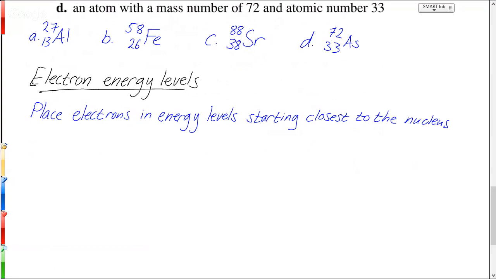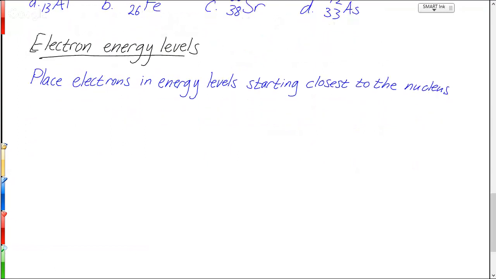Now, all the electrons don't fit in the same spot. So these different energy levels are going to have different numbers of electrons. And we can figure that out in a diagram like this. So the book uses a slightly different way of drawing this. You may have learned a different way in the past. Whatever works for you is fine.